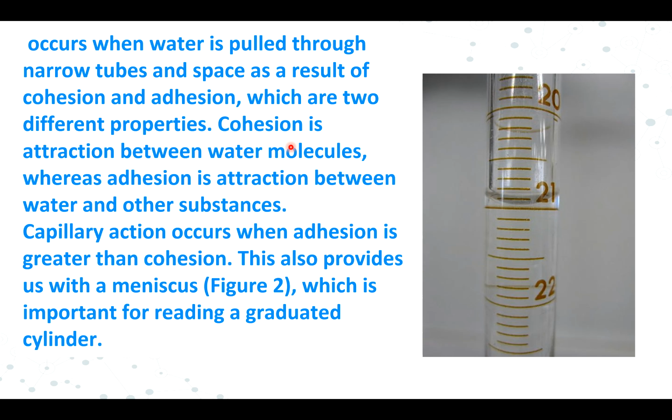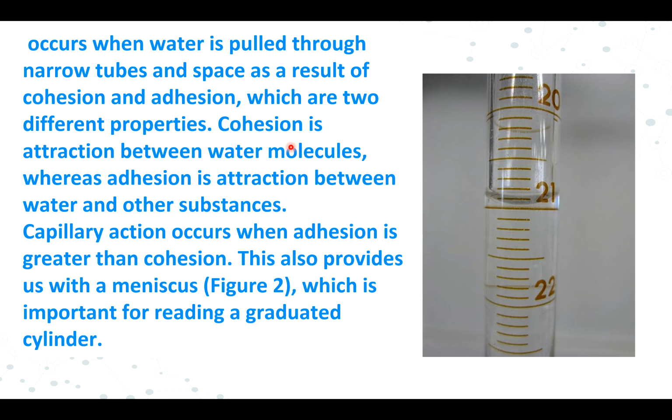Have you observed something like a meniscus in the test tube? Sometimes, which meniscus should we accept, right? The upper or the lower? This occurs when water is pulled through a narrow tube, or you can say cylinder, as a result of cohesion and adhesion, which are two different properties.